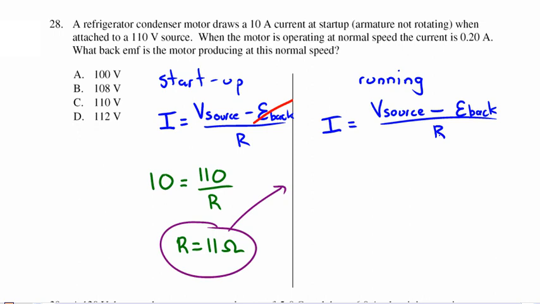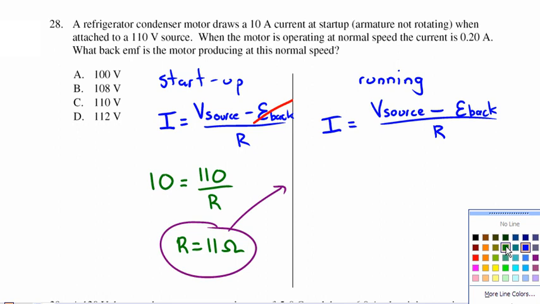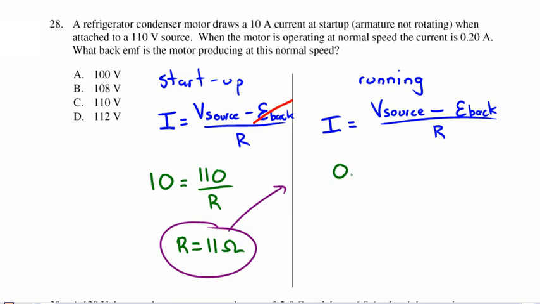Now I get to take the source voltage and the resistance, and we're just looking for the back EMF. So just dropping in the numbers, they've offered that we've got 0.2 amps flowing when we're running. Source voltage is still 110, but we're looking for that back EMF. And then the resistance here is 11 ohms.